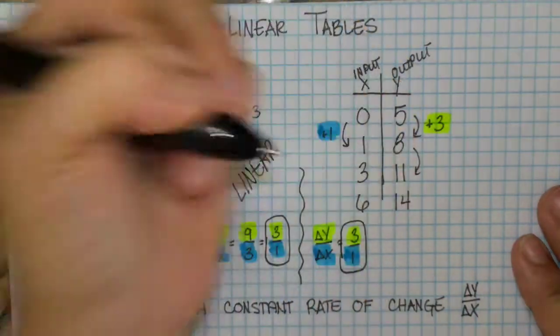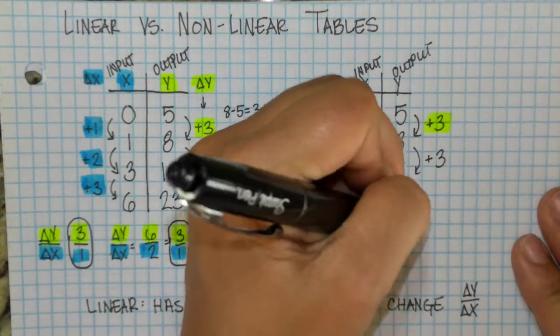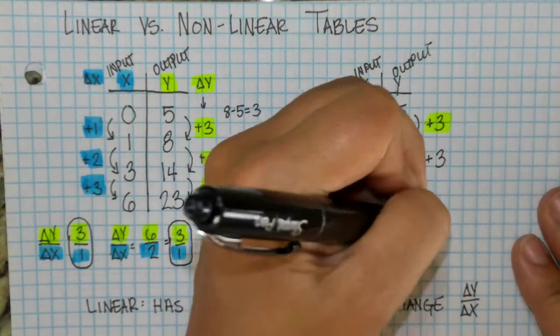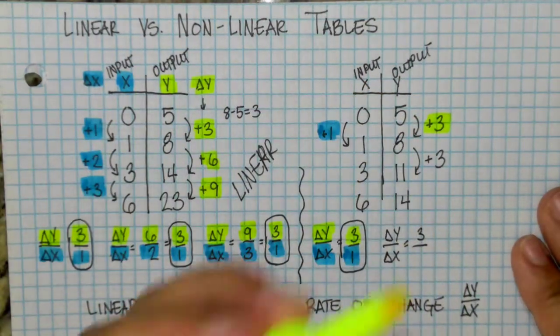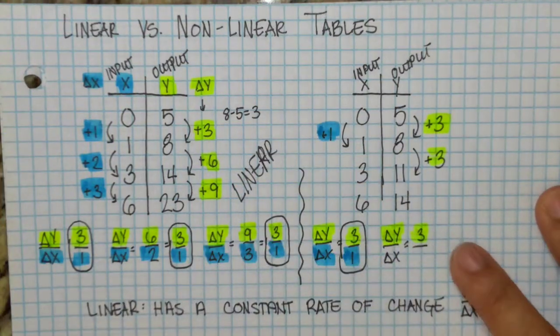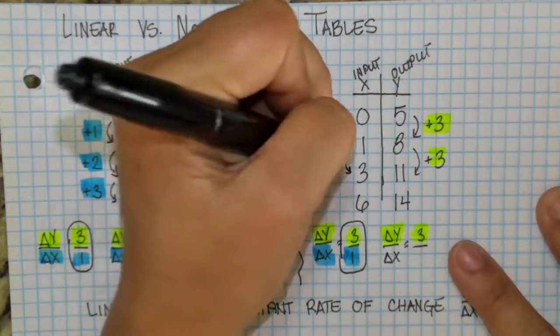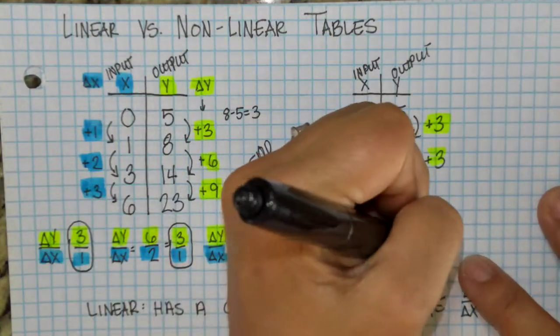next one. 8 to 11 is 3. So this time my change of y over my change of x is 3, right? There's that change of y of 3. And getting from 1 to 3 is going to be a change of x of 2.